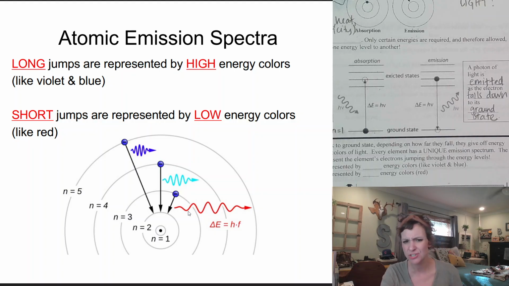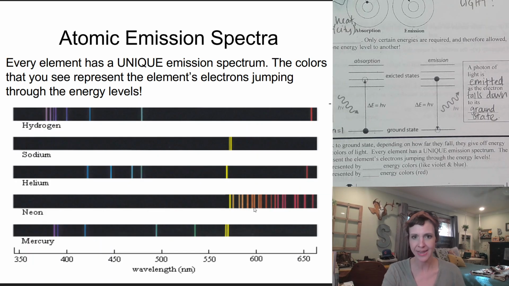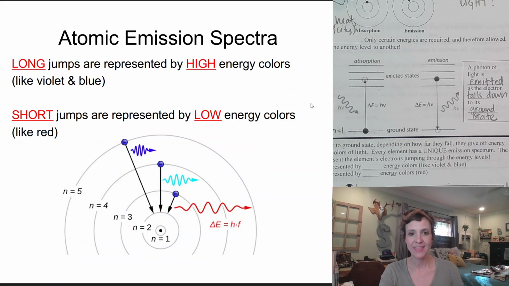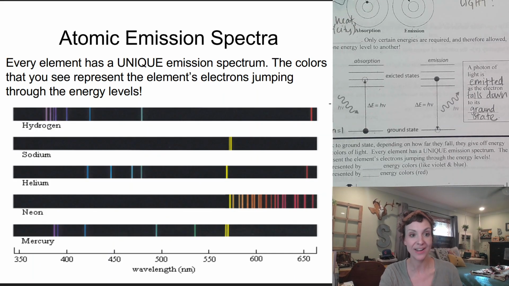That if I don't jump very high, I create a very low energy color. Well, hey, y'all, this guy right here, that is probably a low energy level jump for hydrogen, right? And then the higher I jump, I create higher energy colors. So looking down here, oh my gosh, these purpley things are probably some of the highest jumps that an electron can make. And now here's a spectrum for sodium.